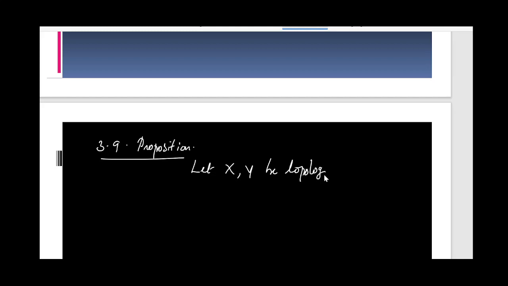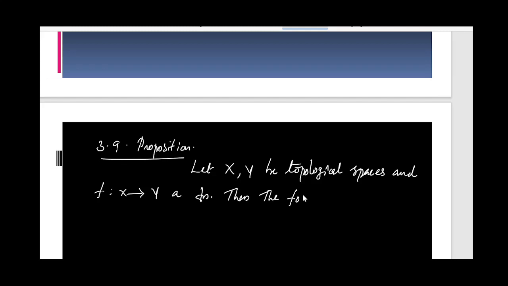Next one is proposition 3.9. Let X, Y be topological spaces and f from X to Y a function, then the following statements are equivalent.